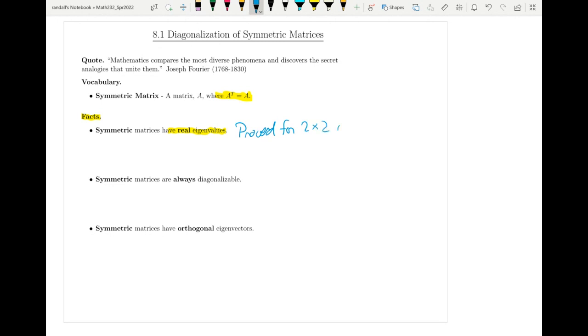We found the characteristic polynomial for 2x2 matrices, and we showed that the roots of that quadratic are real when the matrix is symmetric. But it holds for all n by n matrices, just with a more complicated proof.